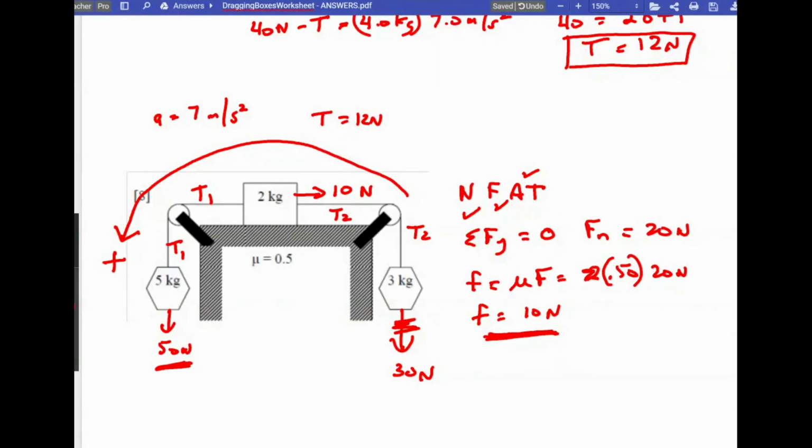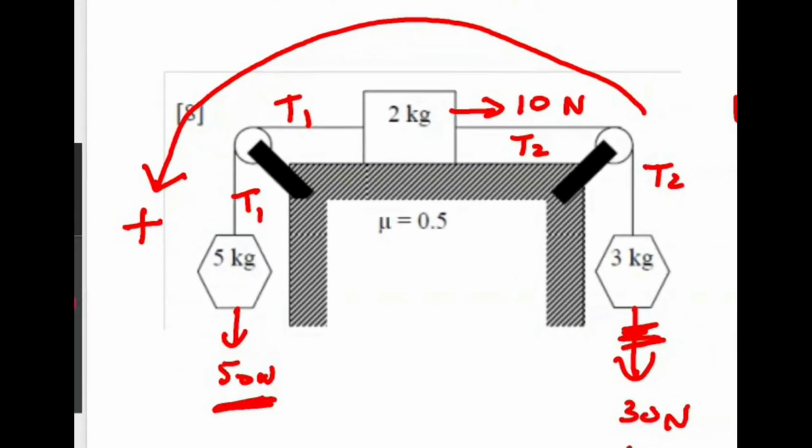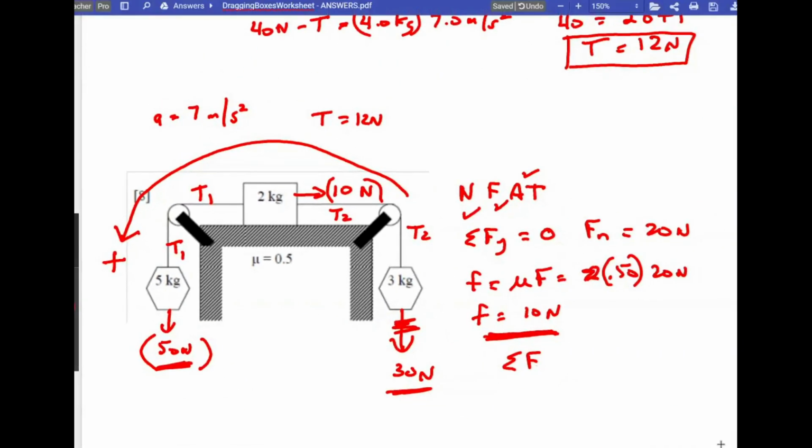And we say there are three competing forces on my system. There's the 30 going counterclockwise, there's the friction 10 going counterclockwise, and there's the big clockwise force of 50. Let's do the sum of the forces in the positive direction equals ma.